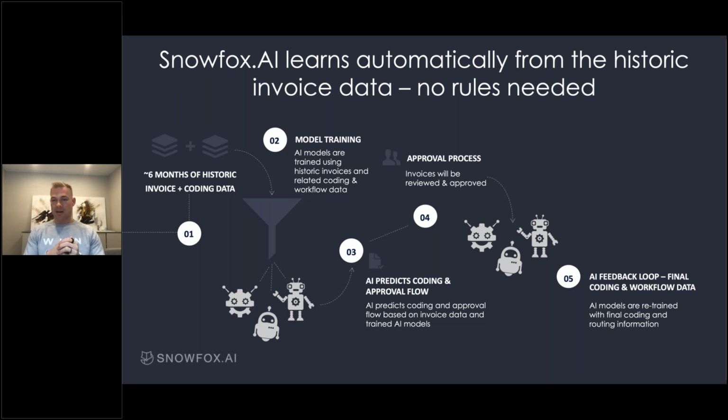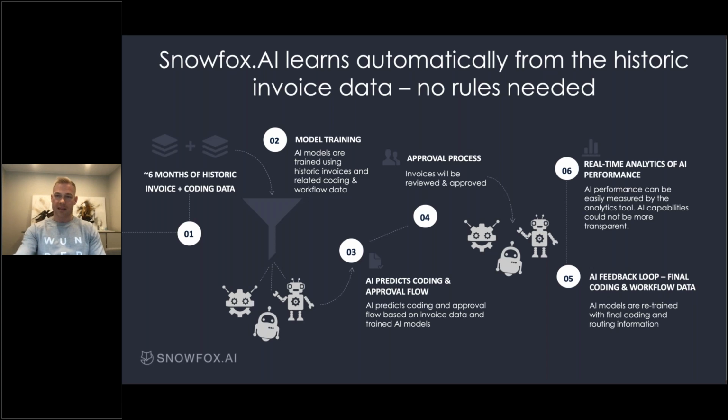If, for example, the cost center was changed or replaced with another value, that is a message and feedback for AI that, okay, I made a mistake and I need to learn from that mistake. So AI actually automatically learns and improves based on the feedback. And that's why AI is actually getting better and better all the time because of the feedback.